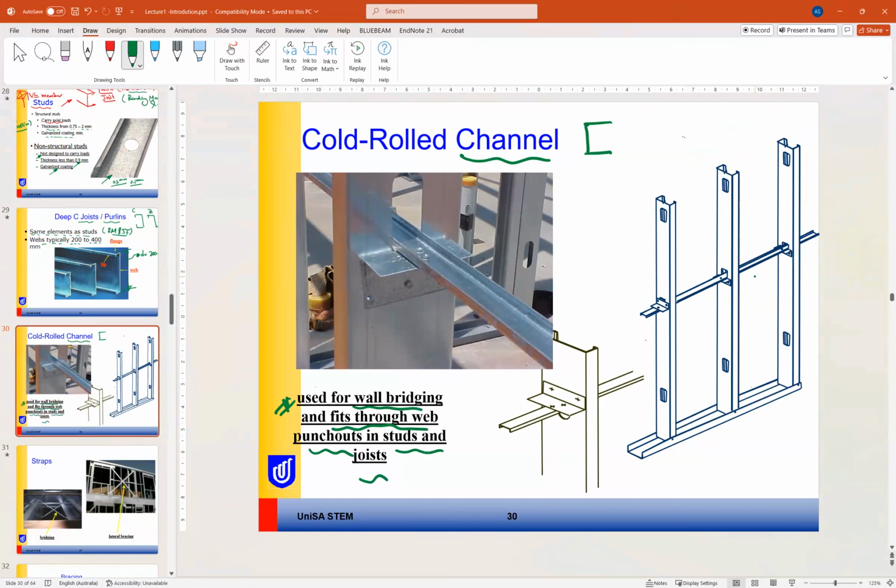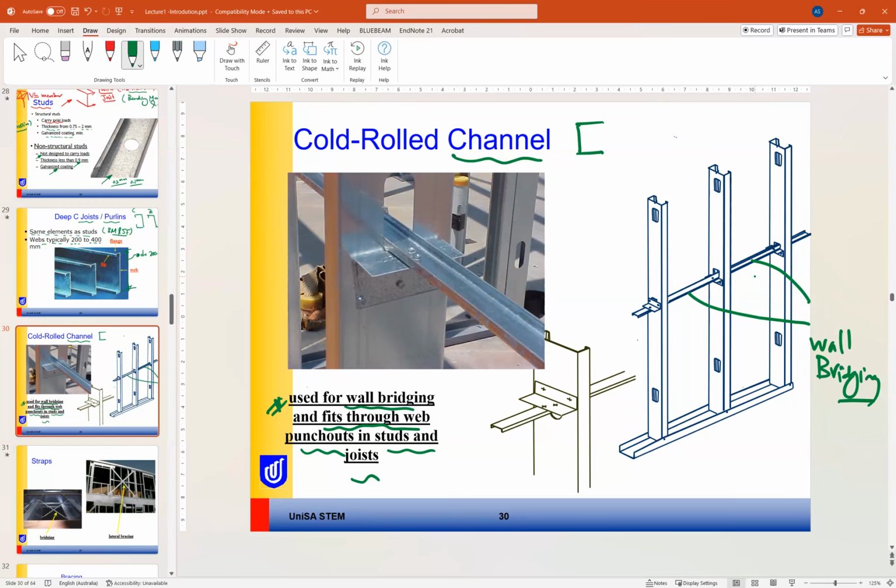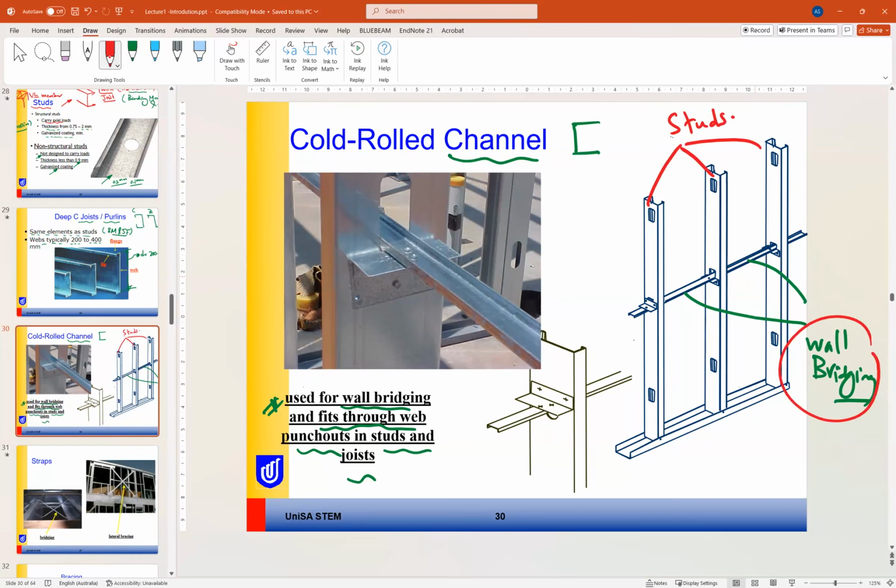So the C channel is just used for bridging. So if these are, as we mentioned, our studs, the small channels are wall bridging. Okay, so it is just giving lateral support to the studs or to the purlins.